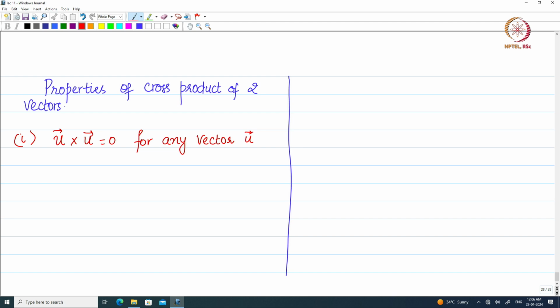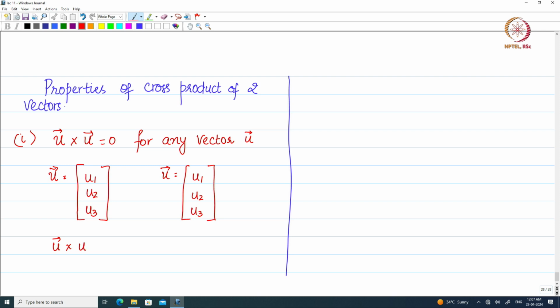That is something which we can easily prove. You can take this vector U to be U1, U2, U3, and take the other vector also to be U, which is U1, U2, U3. If you take the cross product, you will see that this is equal to the 0 vector, because the cross product is a vector.